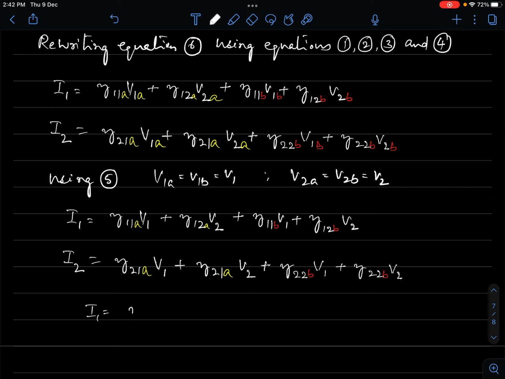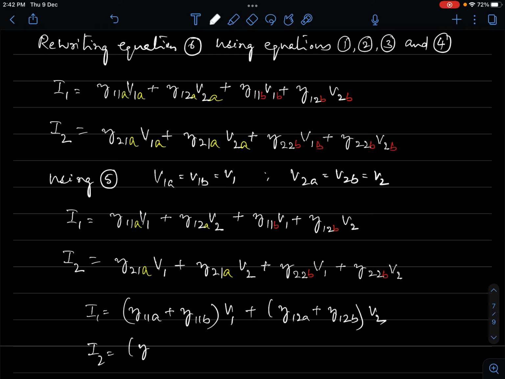So now what is I1 equal to? If you group the terms, I1 equal to (Y11A plus Y11B) V1 plus (Y12A plus Y12B) V2.